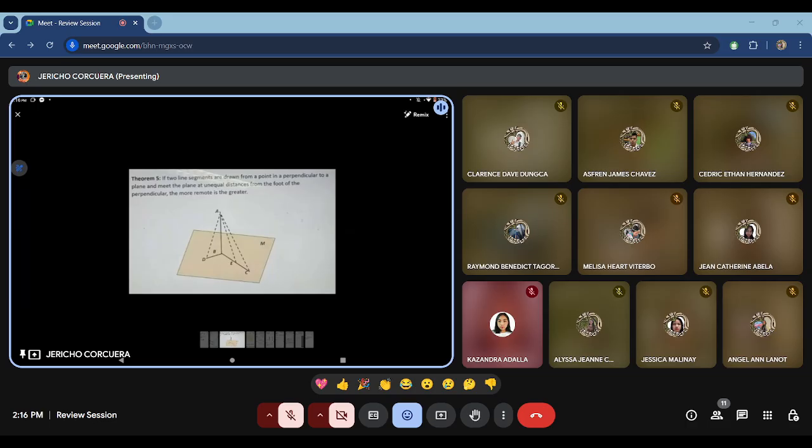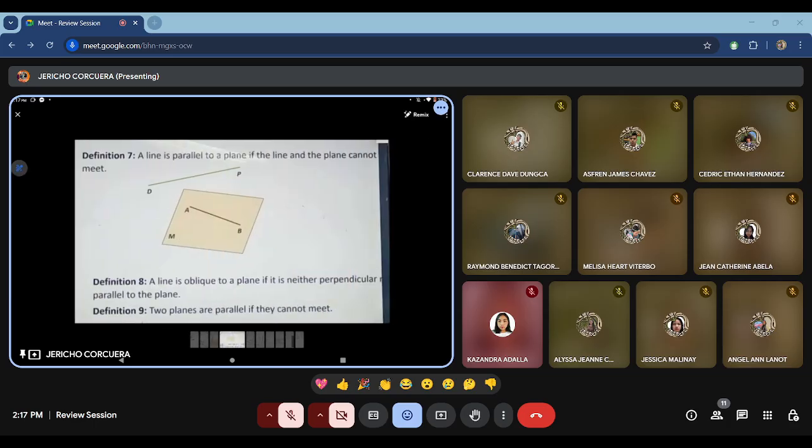You can see line AC is longer than line segment AE, because the line segment is drawn from point A to the plane, and the more remote is AC, and that is greater because the perpendicular line BC, the normal to the plane, is longer than BD.